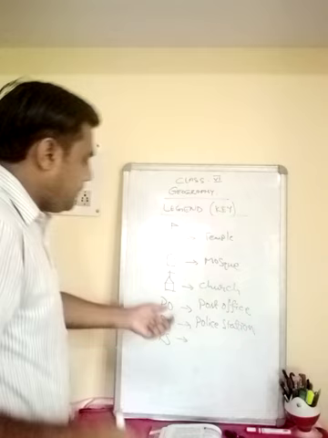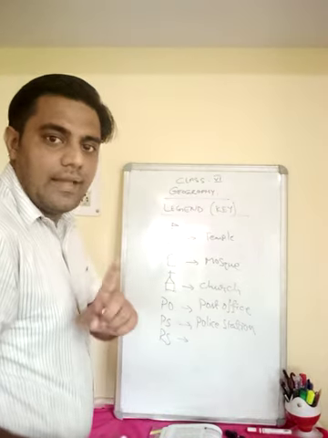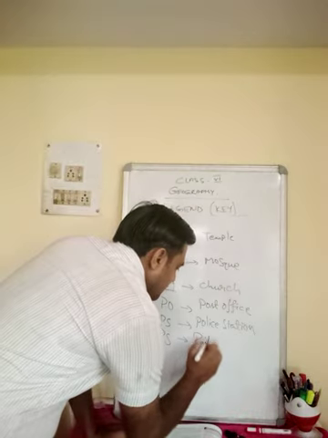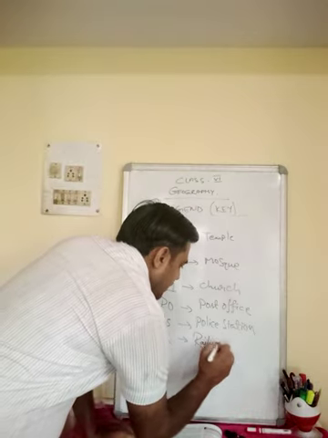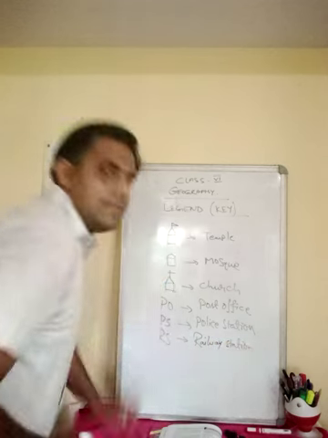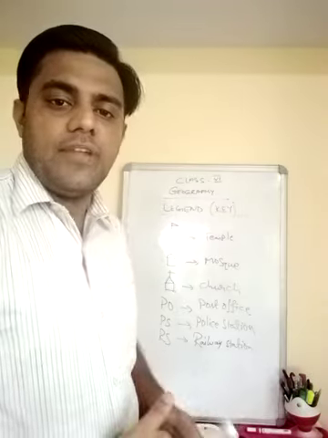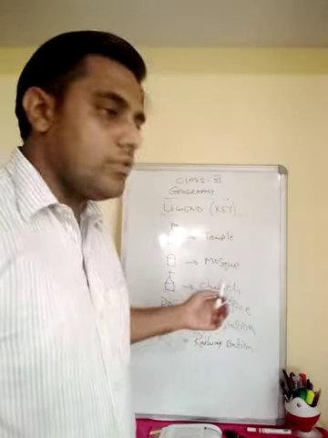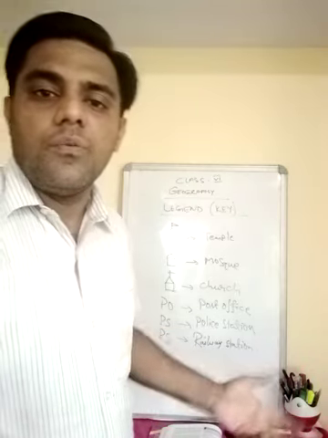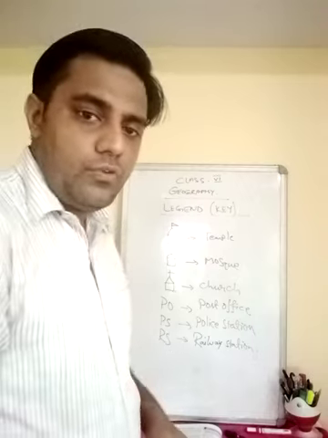So you see, PO, post office, PS, police station, and RS, not Ramashankar. RS stands for railway station. Simply mentioning the initials is enough, and with the help of legends, even if you don't know their meaning, you can refer to the legend, and in a second you will understand what this particular symbol or the initial stands for. So it's very easy.